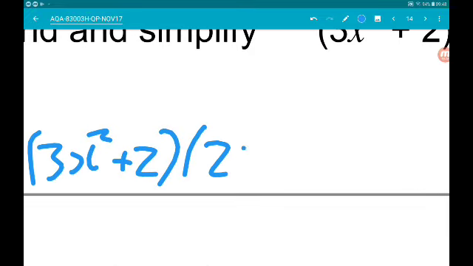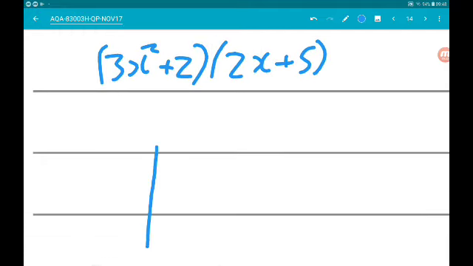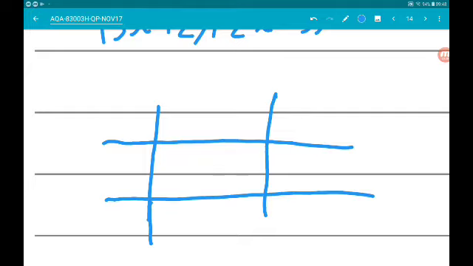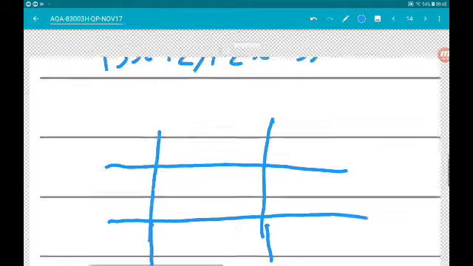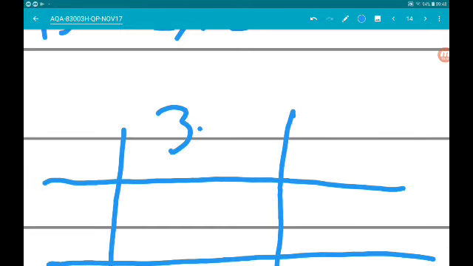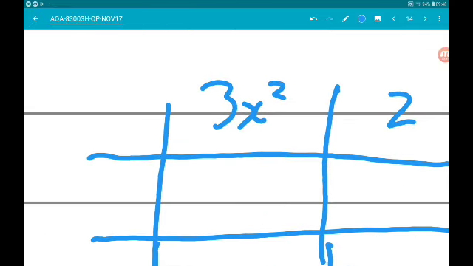Okay, so I'm going to use a table because I think it's a nice method for you guys to use. So let's put 3x squared add 2 across the top and 2x add 5 down the side.